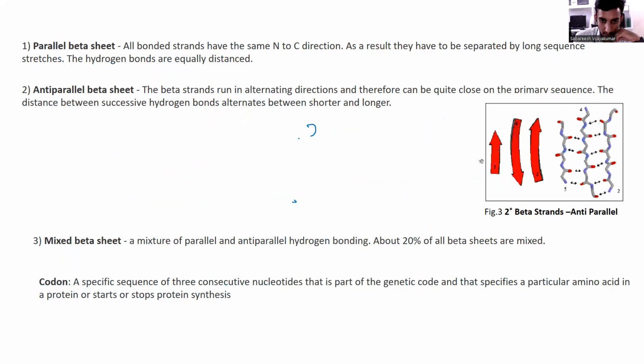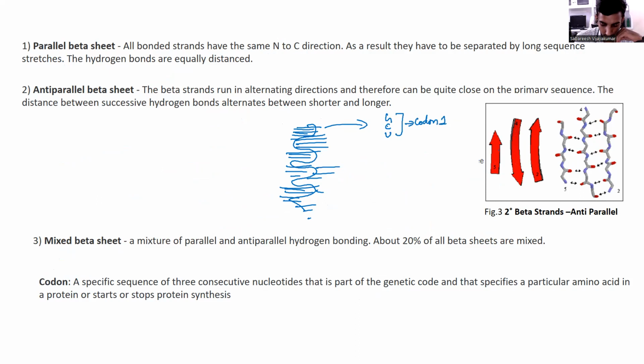If we look at a DNA like this, DNA is the information carrier of a cell. There will be a particular arrangement, GCU, which is a codon 1.